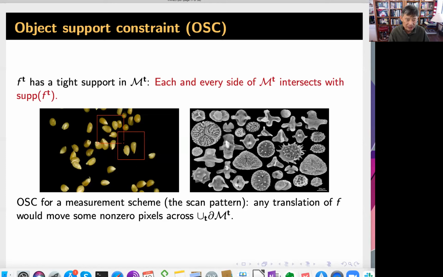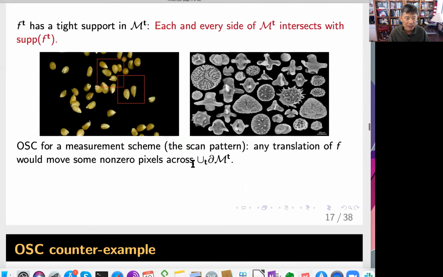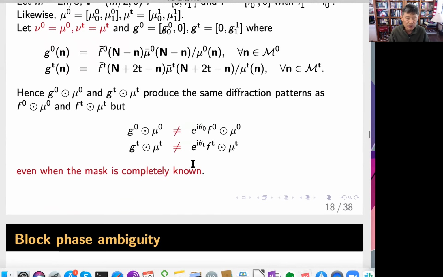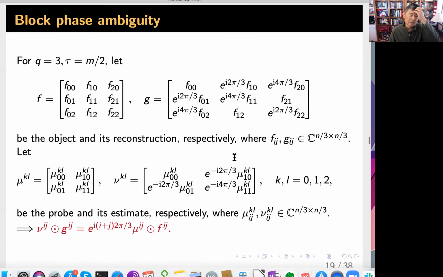Even then, you can say that this satisfies the support constraint because at every single side of the window, it touches the object pixel somewhere. All right, there's a counterexample: if this is not satisfied, you can show that the product of the object estimate and mask estimate will not be a phase factor times the original object and original mask. Okay, and then for raster scan, so here comes the problem.